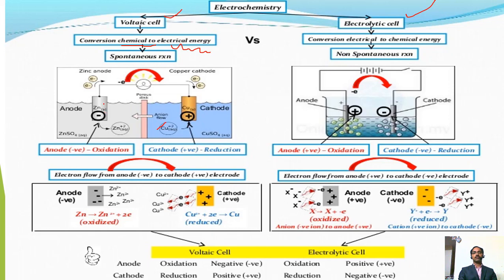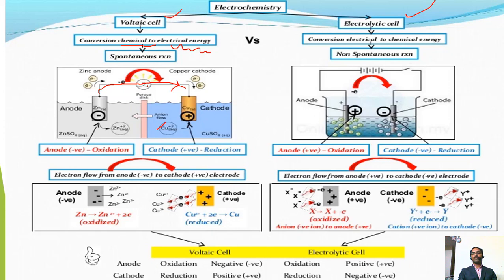See here, zinc rod dipped in zinc sulfate, copper rod dipped in copper sulfate solution. The electron flow is from zinc to copper. We are not using any external forces. Due to the spontaneous chemical reactions, zinc is losing electrons and copper is gaining electrons. So electron flow is there, and that is the only reason for electricity.